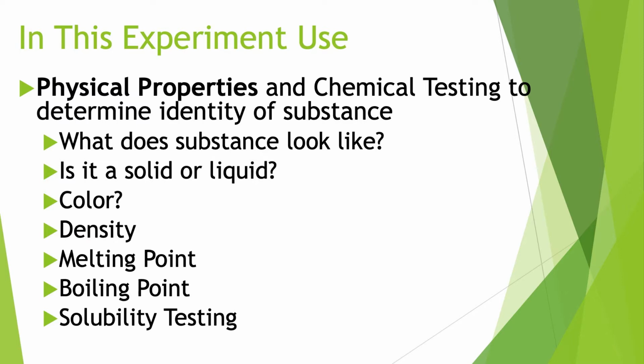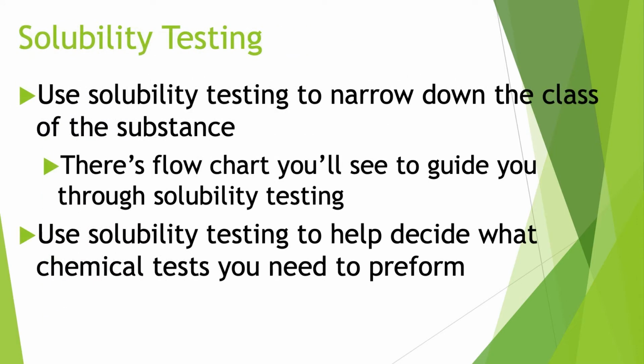And then we can also take a look at solubility testing, where you take your substance and dissolve it in certain solutions, and then depending on whether it's soluble or insoluble, you can narrow down what that substance might be. In other words, what class of organic compounds that substance could be.